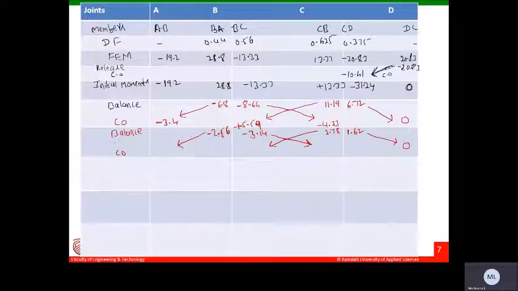Then minus 2.56, half of it, 0.5 times minus 2.56, so it is minus 1.28. And this will be 1.39, and this will be minus 1.57.